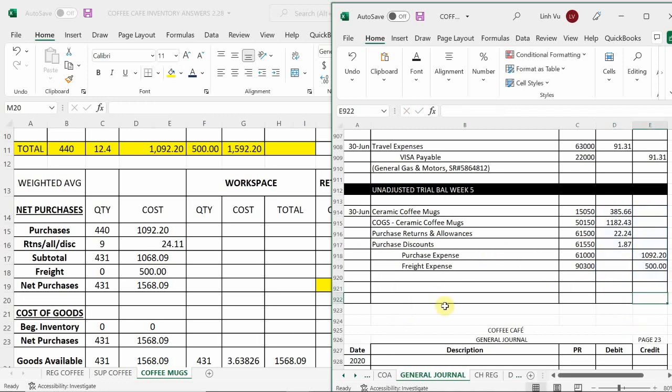So what you can do here is we have all the information that we need, right? We know that this is a conversion entry for periodic inventory. Okay.